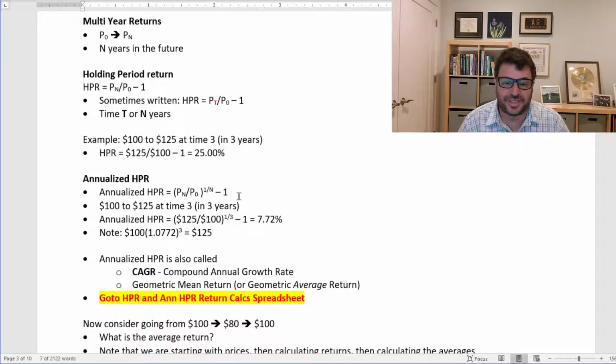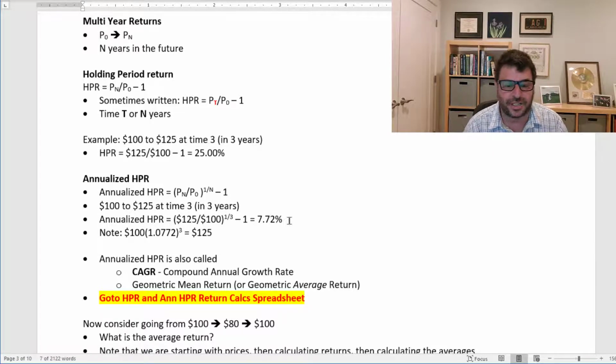And so here I can see that it's going to be 1.25 to the 1/3 less 1, and I get 7.72%. And so the common way to communicate going from $100 to $125 over 3 years is to say that we earned 7.72% per year. And so this is the annualized holding period return.